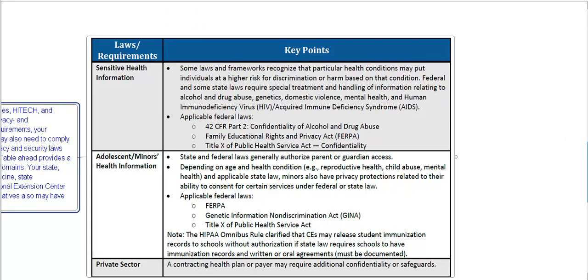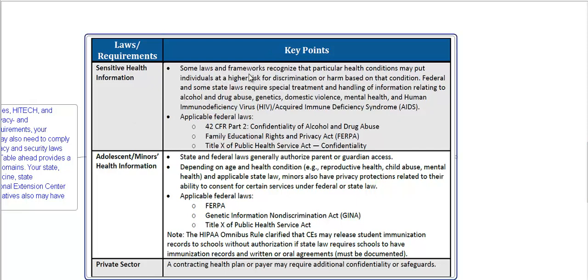Okay, sensitive health information. Key point: some laws and frameworks recognize that particular health conditions may put individuals at higher risk for discrimination or harm based on that condition.